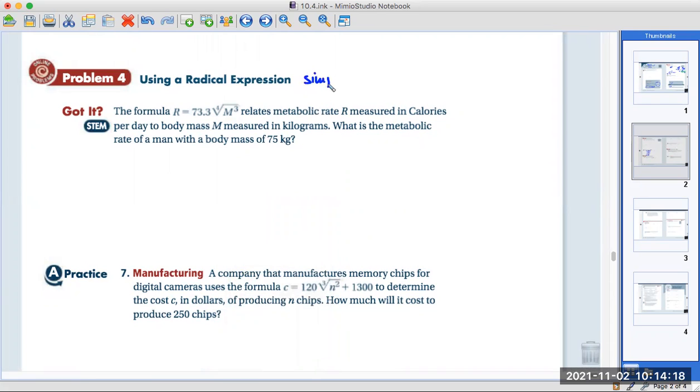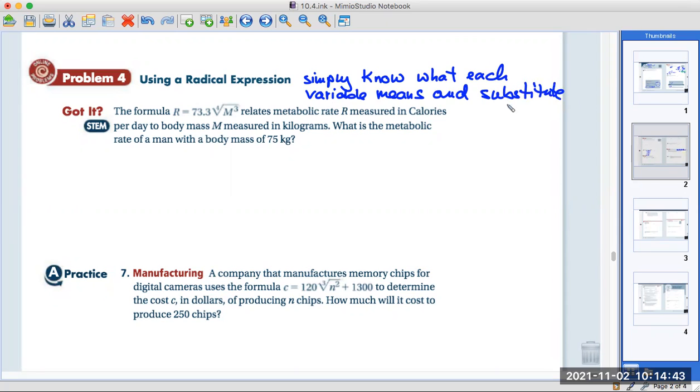Simply know what each variable means by reading the question, and substitute the given numbers. One of the variables will be empty and you don't have a number, and that's the variable you'll solve for. Those are always the same.